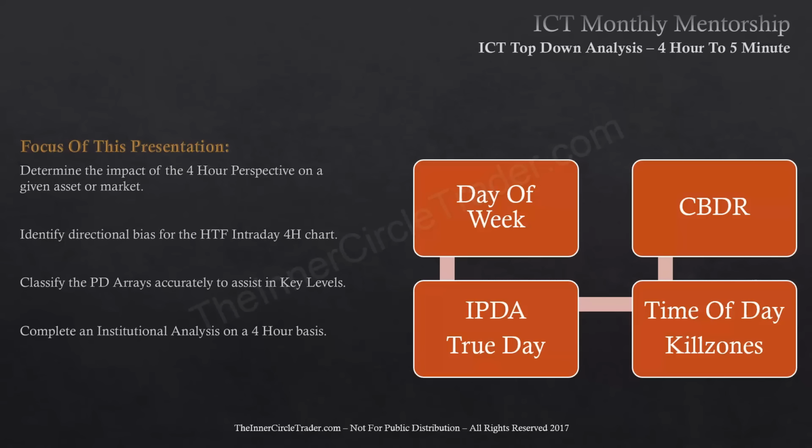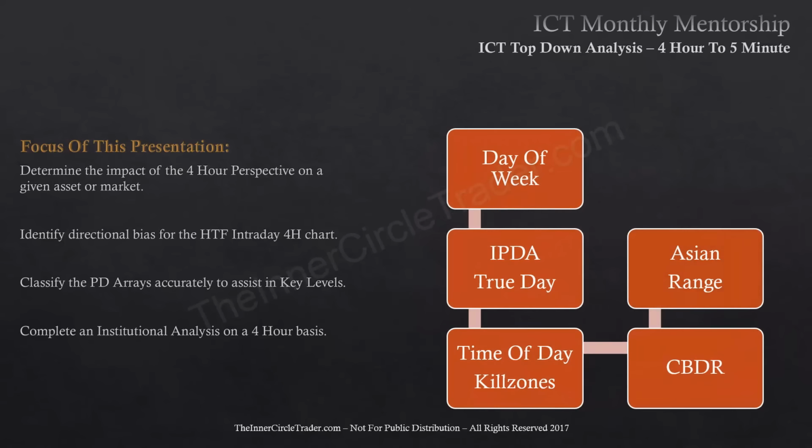Now I'm going to be including the central bank dealers range. So I'm going to be incorporating that range in price, looking for the consolidations in there, and I'm going to be looking for standard deviations to align with potential highs and lows of the day. I'm going to be incorporating the Asian range, so I'll be looking for, again, standard deviations there as well.